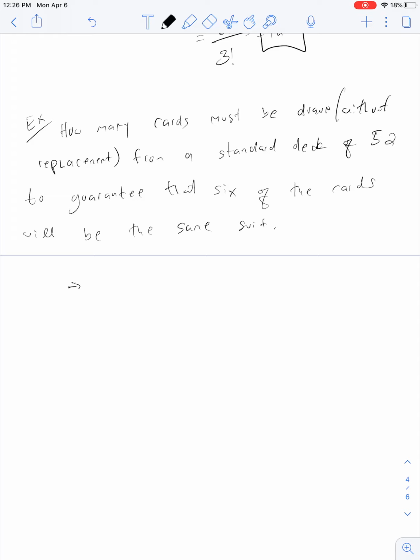So what do we know? We know that there are 4 suits in a standard deck. Let's suppose that 4 times n cards are drawn.